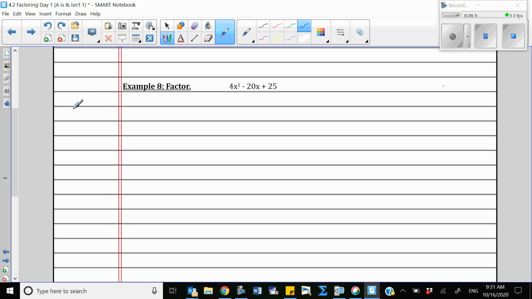The next one, first of all, let's see if we can find anything in common between the terms. Well, the letters do not have anything in common. x squared, x, and nothing. Well, that's nothing. Okay. How about the coefficients? I have 4, I have 20, and also I have 25. 4 is just 4. 20 is 4 times 5, and 25 is 5 times 5.